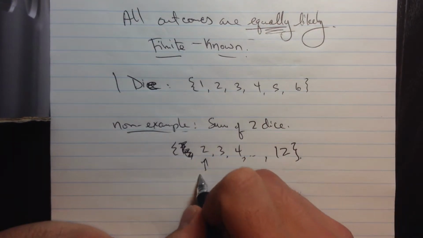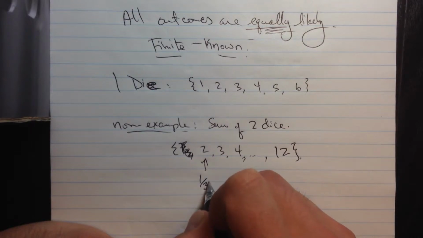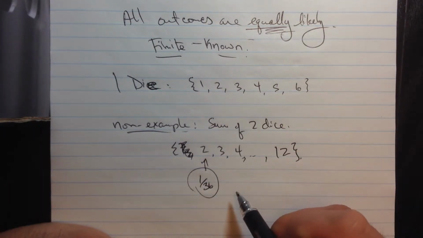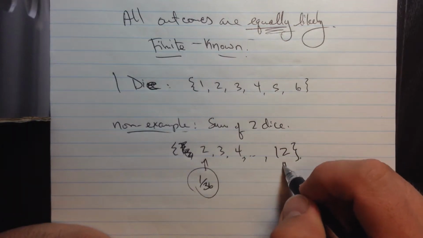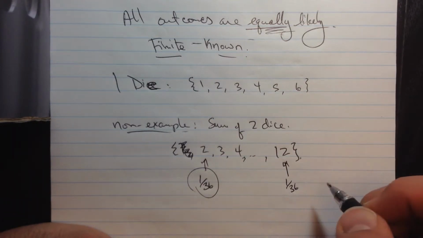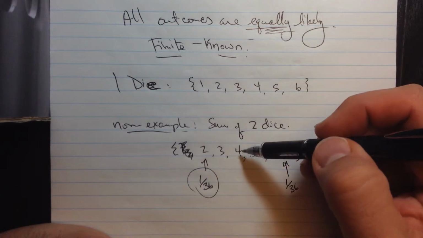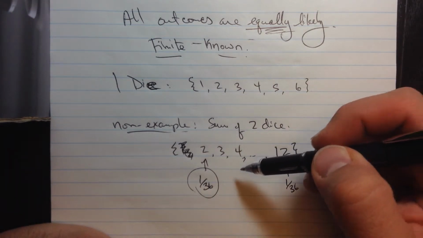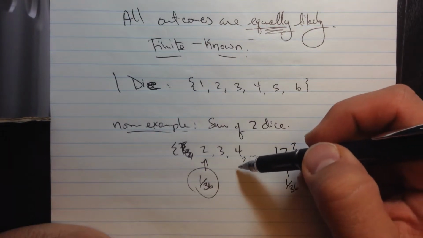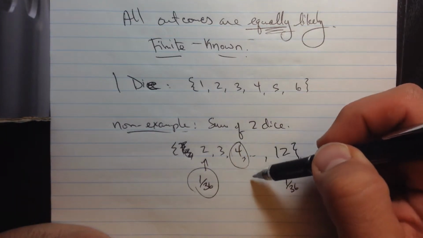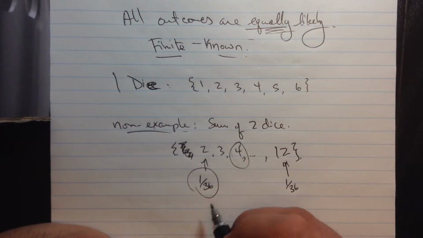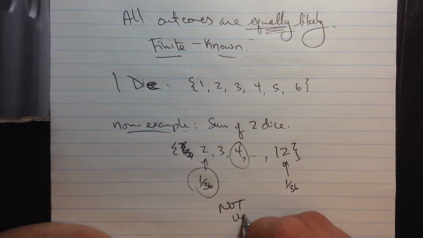In fact, getting a 2, there's only one way to do that, to roll a pair of 1s. And so that means there's a 1 in 36 probability that that happens. Similarly with the 12, there's a 1 in 36 probability that that happens. But to get a 4, you could roll a 1 and a 3, or a 2 and a 2, right? So then you've got an increased likelihood of getting that 4. And so these outcomes are not all equally likely, so this is not uniform.